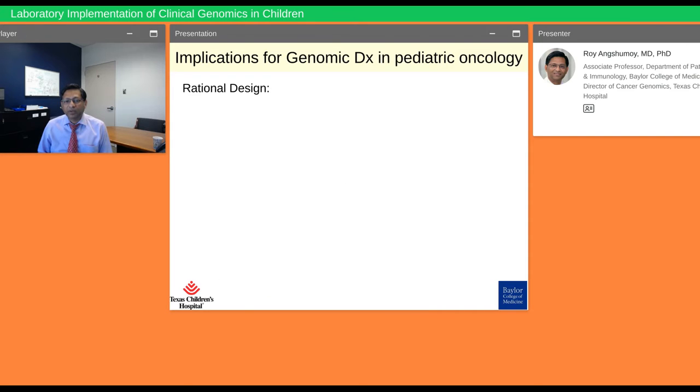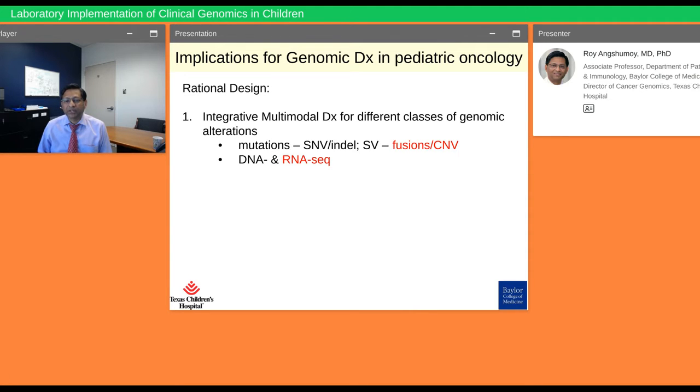And that also informs how we design genomic diagnostics in children's cancer. In this rational design, it's very important to integrate multimodal diagnostics. In this case, not only looking for mutations and small nucleotide variations, but also identifying the best methods for clinical diagnostics of structural variation. And often these are DNA and RNA sequencing combined in the clinical laboratory. I highlight RNA sequencing and fusions and copy number as things that I'm going to highlight in the talk.